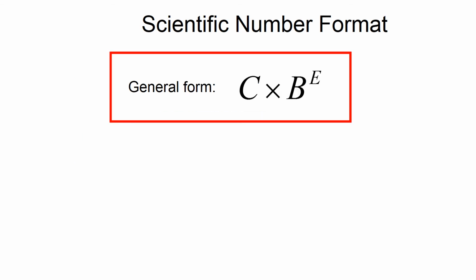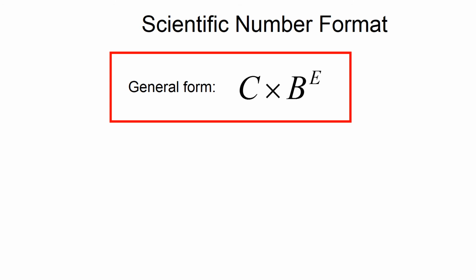Again, the general form is you have some number at the front, between 1 and 10. The number of digits in that number, like 8.73942, is very important, because that tells you how accurately you know that number.